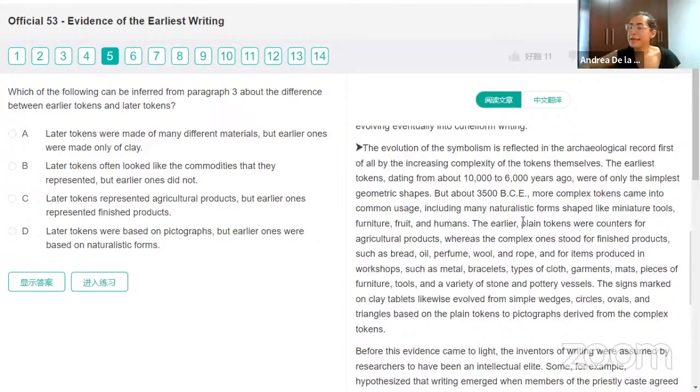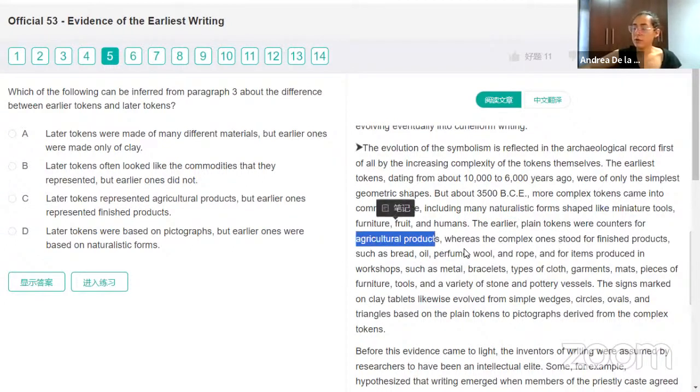Sigamos leyendo. Dice, the earlier plain tokens were counters for agricultural products, whereas the complex ones stood for finished products such as bread, oil, perfume, wool, and rope, and for items produced in workshops such as metal, bracelets, types of clothes, garments, mats, pieces of furniture, tools, and a variety of stone and pottery vessels. Esto está interesante. Nos dicen los más tempranos, los primeros, contaban productos agrícolas, ¿no?